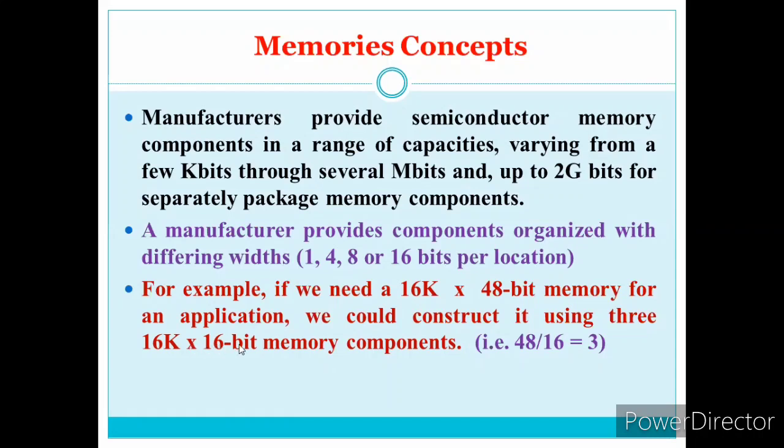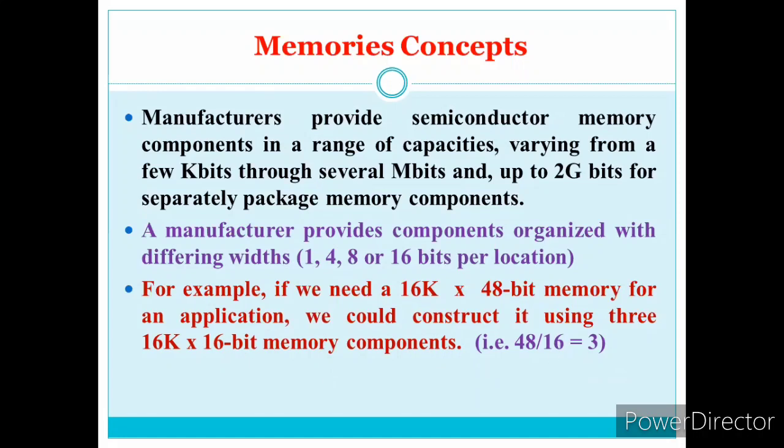It means it is having 16K, which satisfies our requirement. But if you see the width of the memory, here it is 48, but the manufacturer has manufactured 16. So how to design that? In a simple way, divide this 48 by 16 bits. How many do we have? 3. It means that we need 3 memories of 16K cross 16 bits.